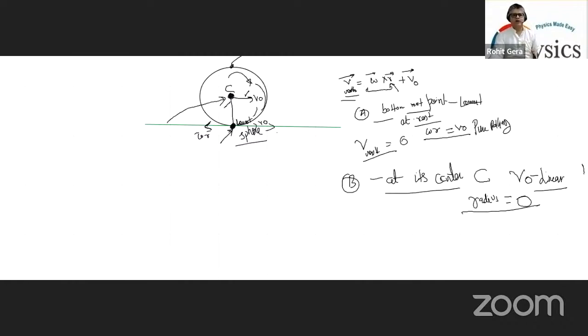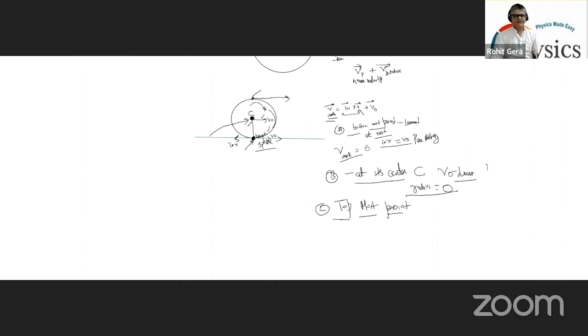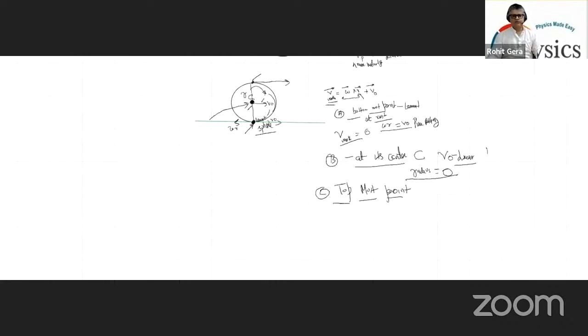Let's go to the next one, and I'm drawing a longer arrow for a particular reason. The reason is that this is the topmost point. What happens at the topmost point is also quite interesting. Now it has a distance r, so v is equal to v naught, because everything has the same velocity coming from the translational part, plus it has omega r.